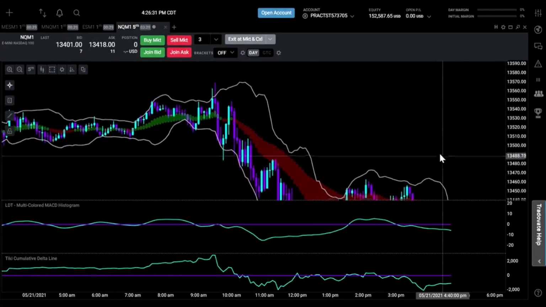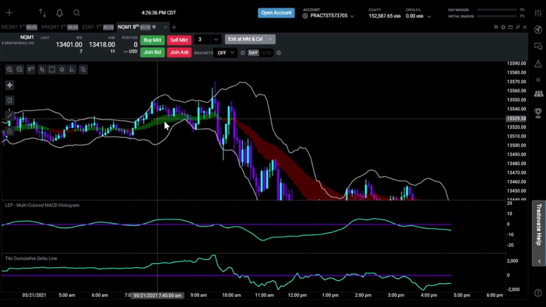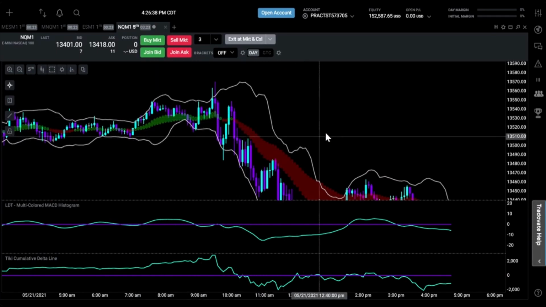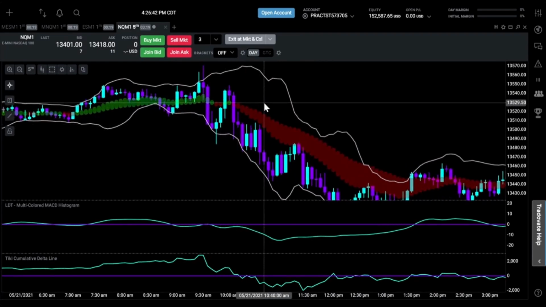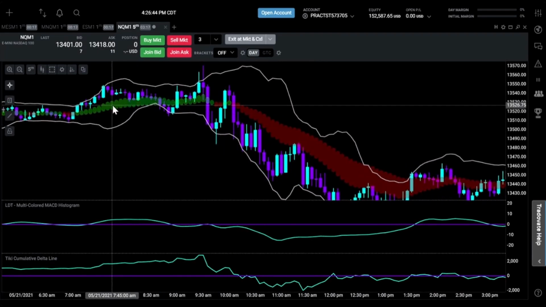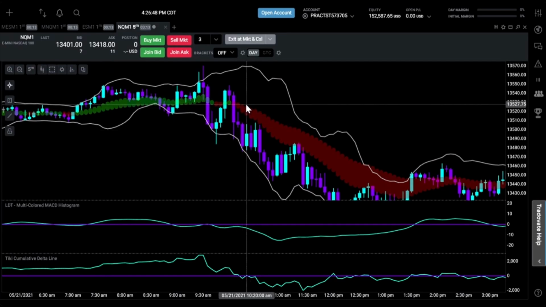So we've seen this red to green, this green to red move, right? And we made a green to red move, and this bar just busted through it. So the level is actually right here, right in the middle of that dot.